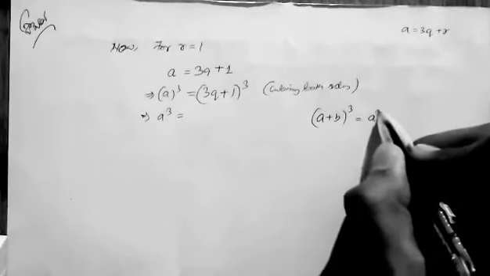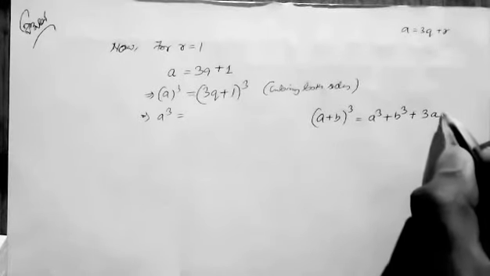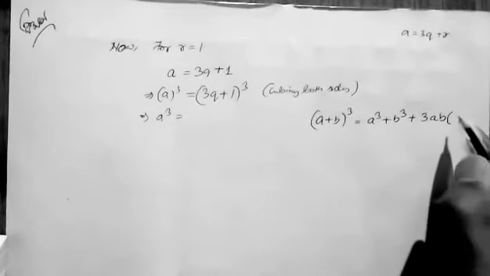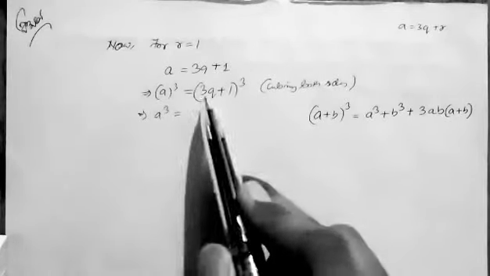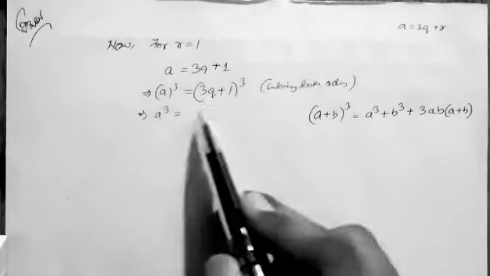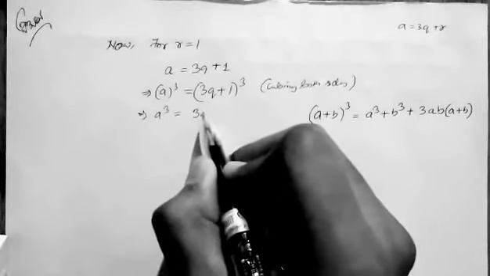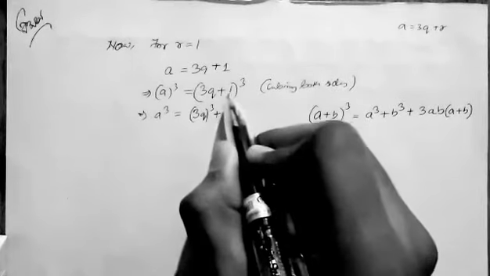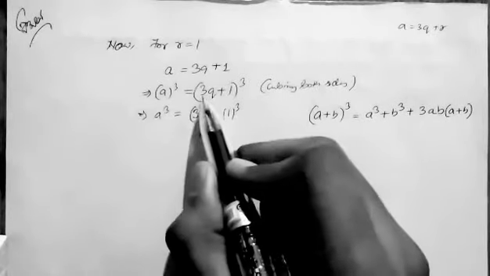It is nothing but a cube plus b cube plus 3 into ab into a plus b. So we will just break this term. You will consider 3q as a and 1 as b, and using this you can break this expression for further simplification. Well, first it is a cube, then b cube, plus 3 into ab, a into b.